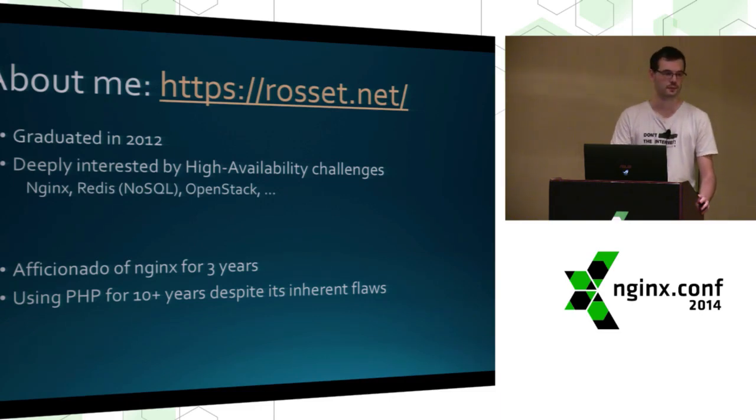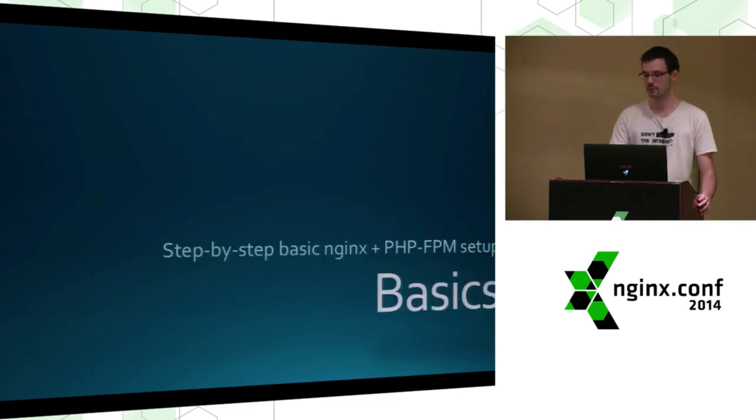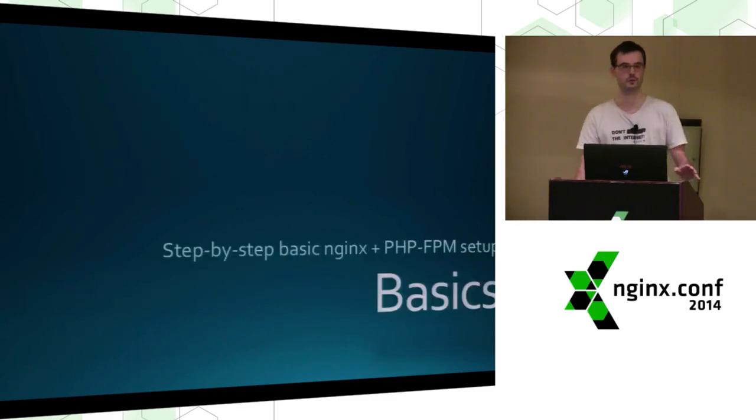I've been using Nginx for 3 years now, so it's not much compared to some of you guys. I know some people have been using it since 2008, so I'm definitely not competing with you. On the other hand, I've been using PHP for more than 10 years. So the language is flawed, I know that, but it's still a good scripting language and allows you to do stuff pretty nicely.